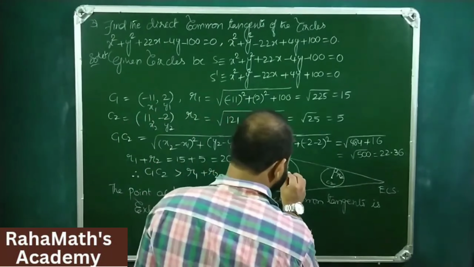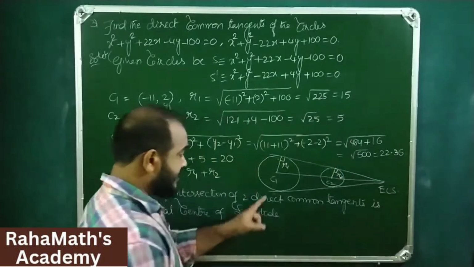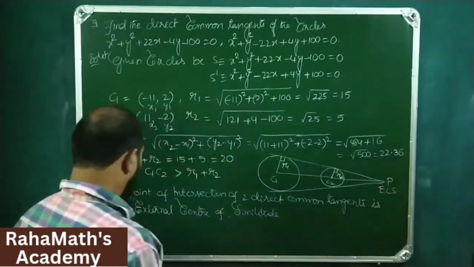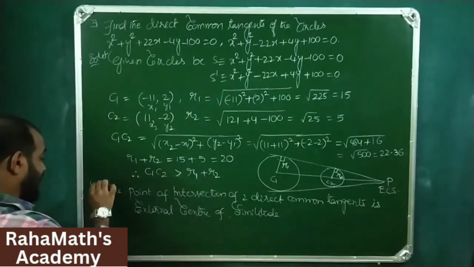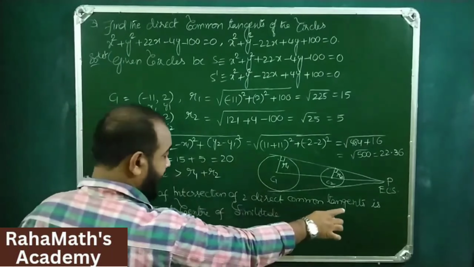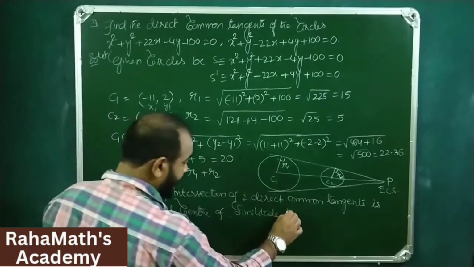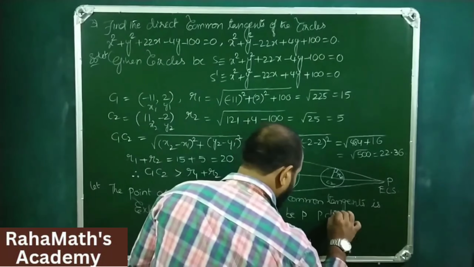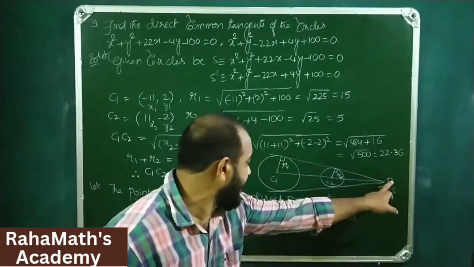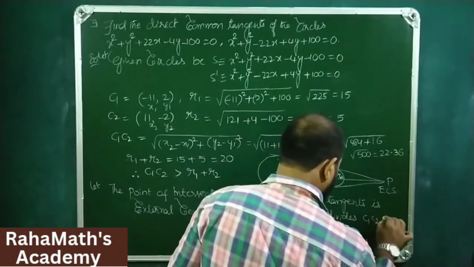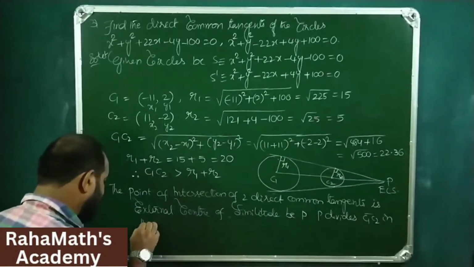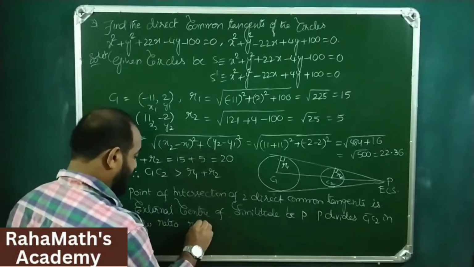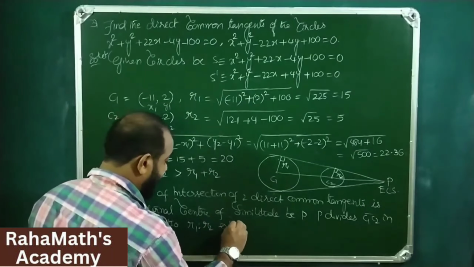Let the point of intersection of the direct common tangents, the external center of similitude, be P. So here P divides C1C2 in the ratio R1 is to R2 externally.